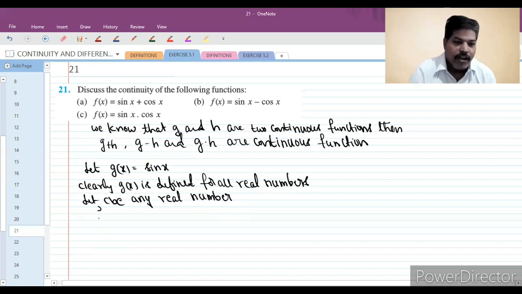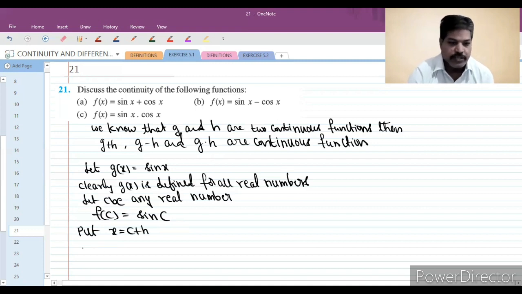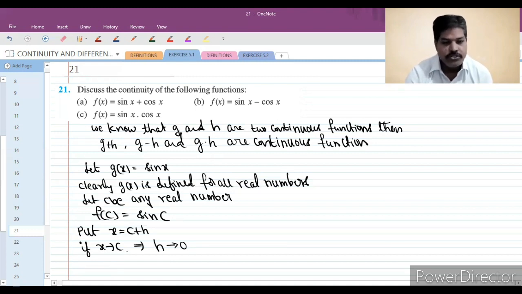Then g of c is equal to sin c. Next I will take that, put x is equal to c plus h. If x tends to c, that implies h tends to 0.